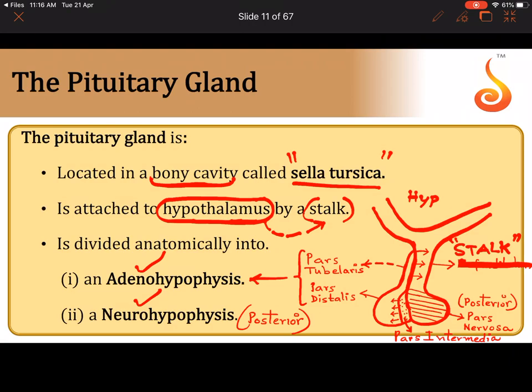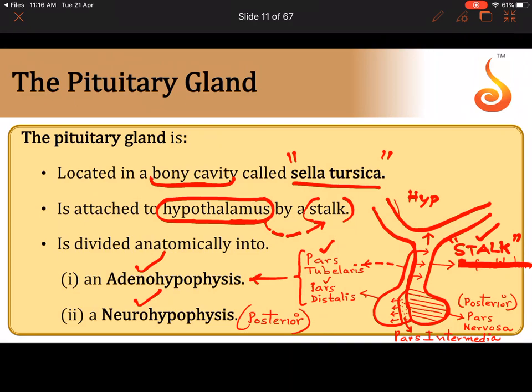So now you saw that the pituitary gland has pars tuberalis, the tubular portion which is highly vascularized and wraps around the stalk, and then you have a bulged portion called pars distalis; together they make up the anterior pituitary or adenohypophysis. Then the posterior part is directly connected to the hypothalamus through a stalk, and the bulged part of the posterior lobe is nothing but the pars nervosa or the posterior pituitary.